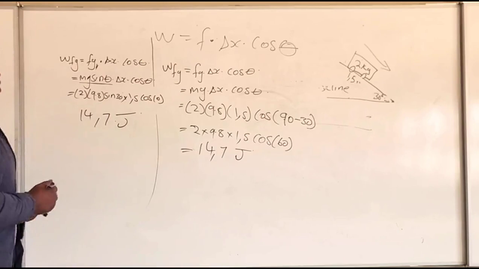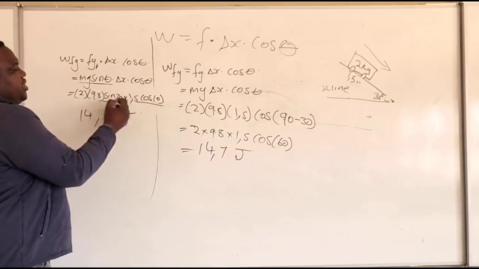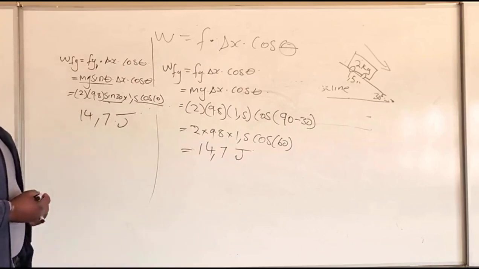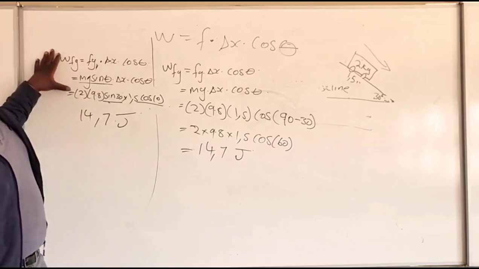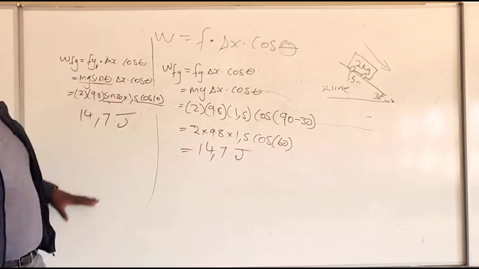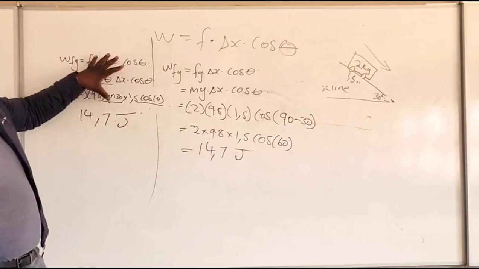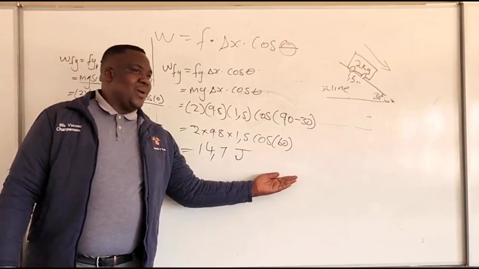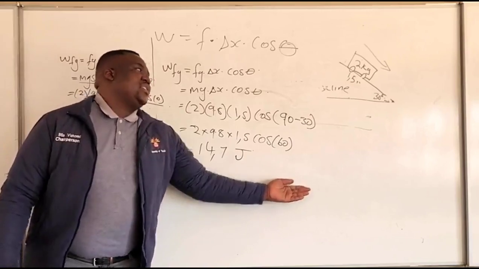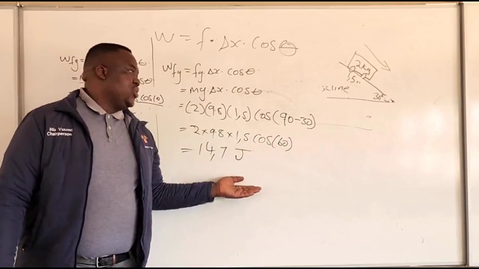I hate this method because you use sine and you use cos at the same time. Sometimes it can confuse you as a learner, but I was taught using this method when I was doing my grade 12, so I got used to it. But when I was doing physics by myself now as a teacher, I started to love this one because it is straightforward.